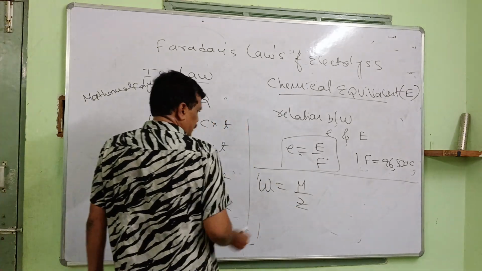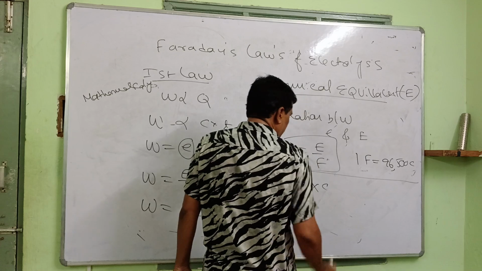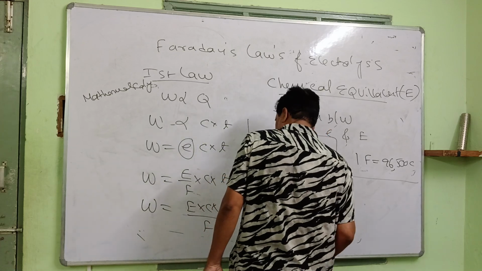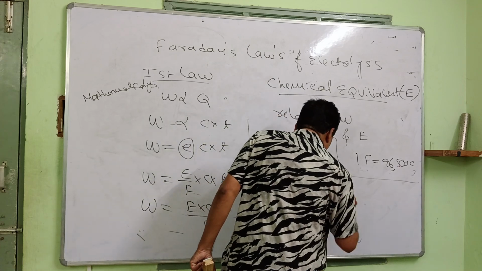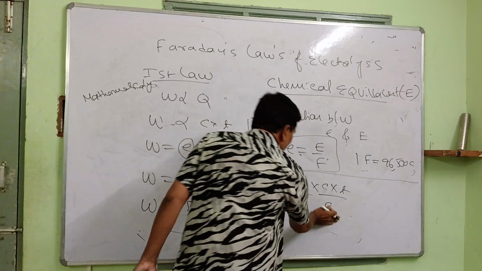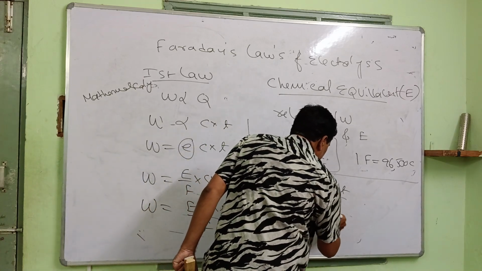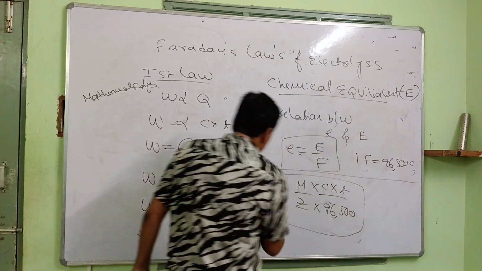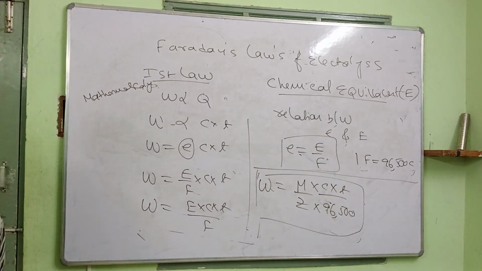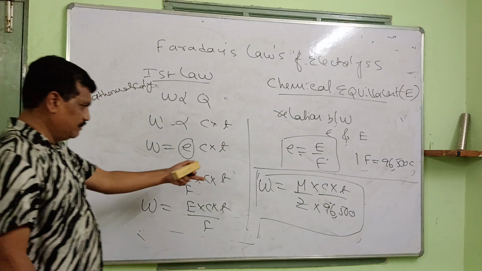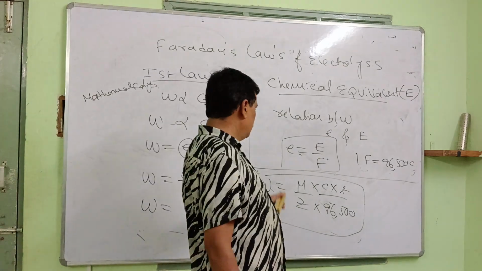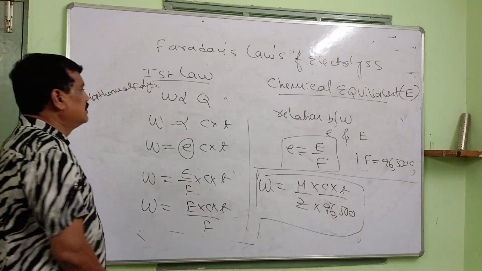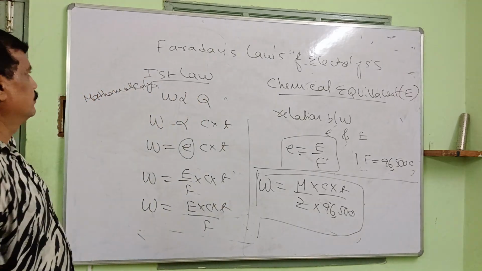C equals current in amperes, T equals time in seconds, and F is 96,500 coulombs. So this is the formula for Faraday's first law. Some problems are given based on this concept. This is Faraday's first law.